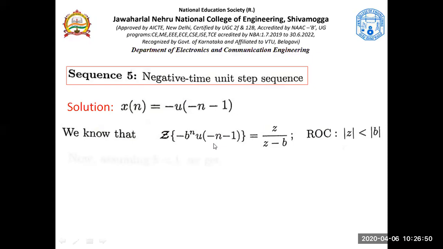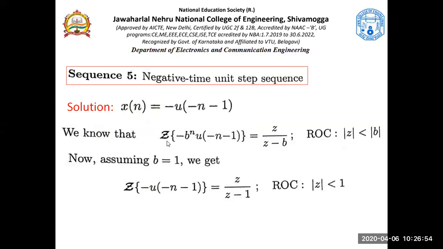Assuming b equal to 1, we get the Z transform as z by z minus 1, with ROC being within the circle of radius 1. So this is the negative time unit step sequence.